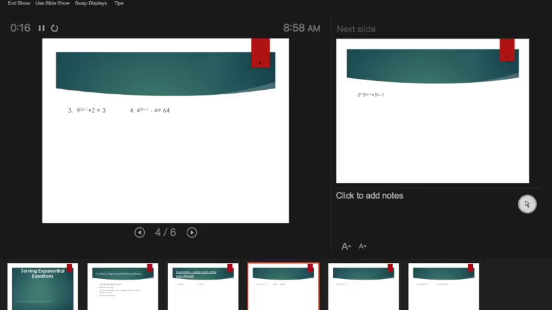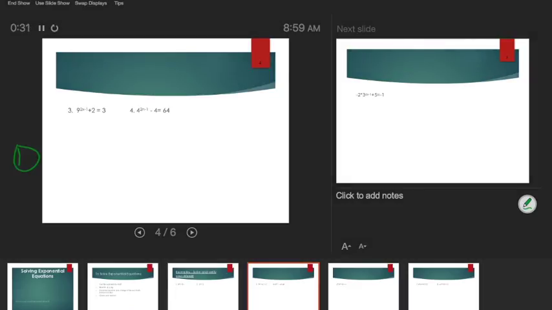We got 9 to the 2x plus 1 plus 2 equals 3, and then 4 to the 2n minus 1 minus 4 equals 64. So this one does have some stuff outside of the exponent. Number 3 has a plus 2, and number 4 has a minus 4.